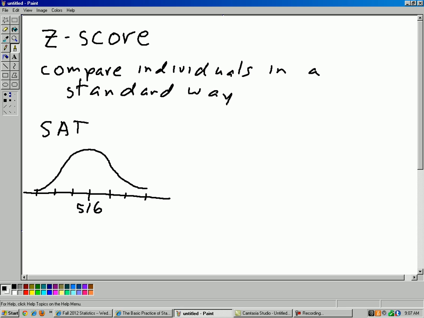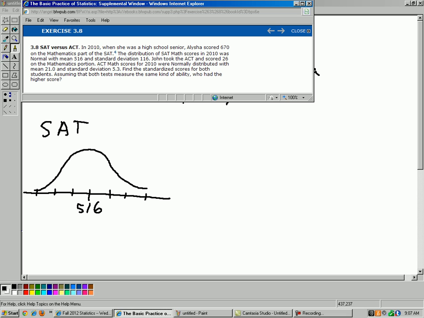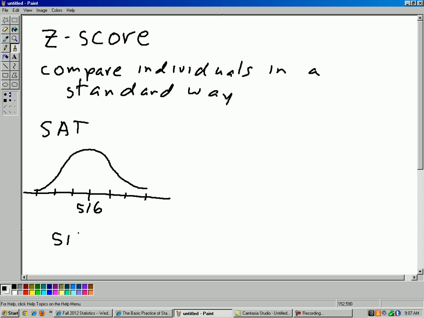The standard deviation was 116, so we've got 516 plus 116. That gives us 632. And so on and so on. I'll finish that up in a minute. We don't need to waste time doing all that on the video here.